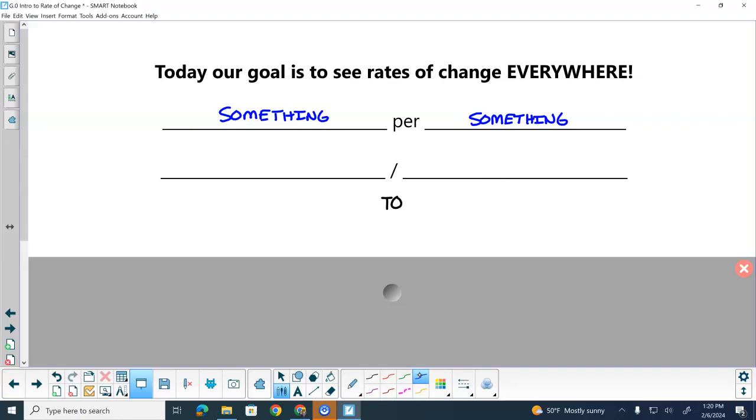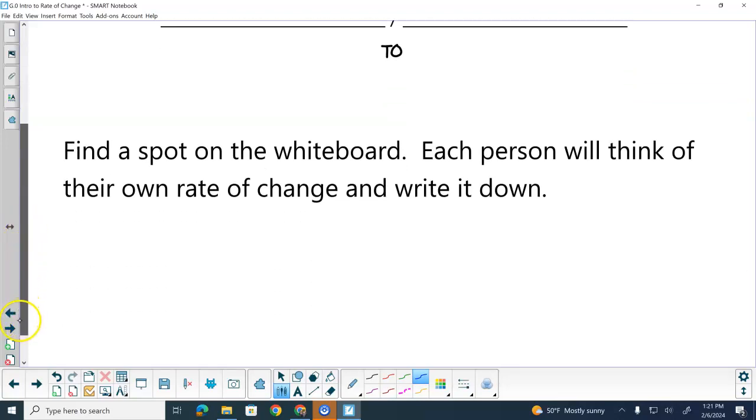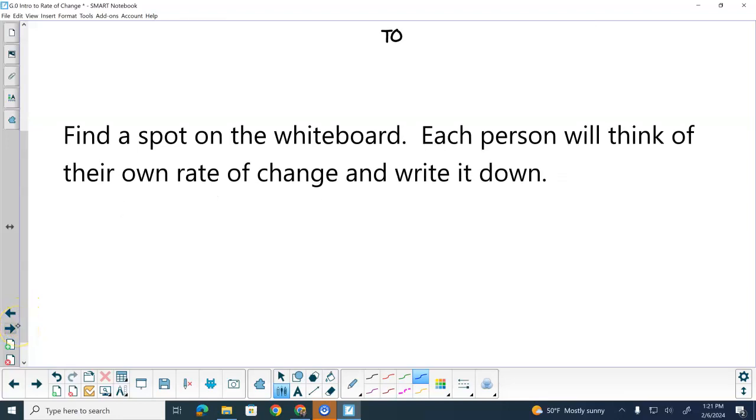All right? What I would like you to do now is find a spot in the lower left-hand corner of your paper. I want you to come up with your own rate of change. It doesn't have to be true. Just make up a rate of change where you're comparing two things.